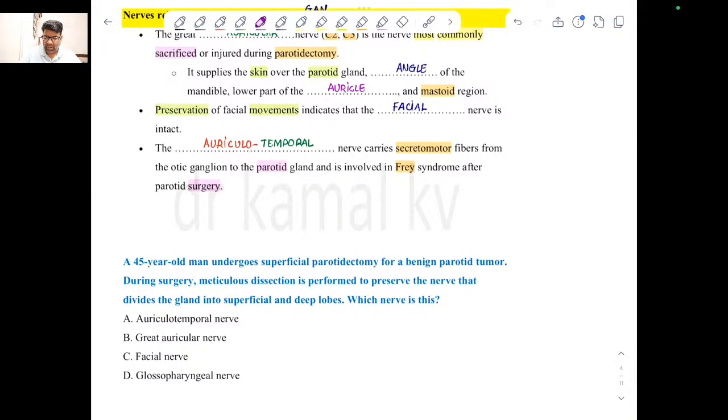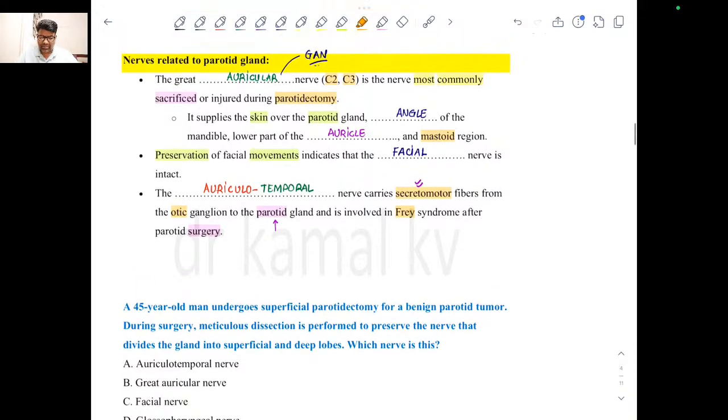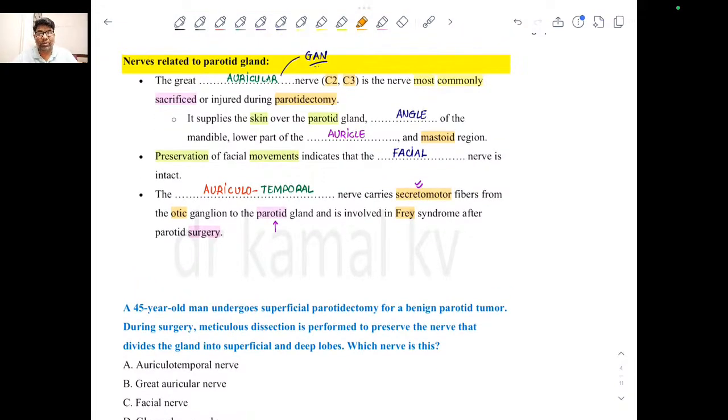So for the time being, please remember the auriculotemporal nerve, and what is the function? It is bringing secretomotor fibers, means secretion of saliva from the parotid gland, and through which ganglion, the otic ganglion. Clear? So these are the nerves which are related to the parotid gland.